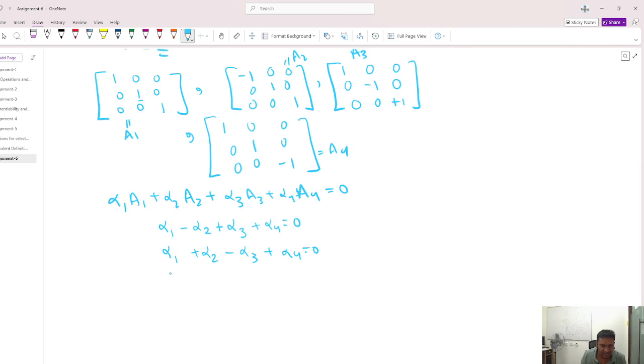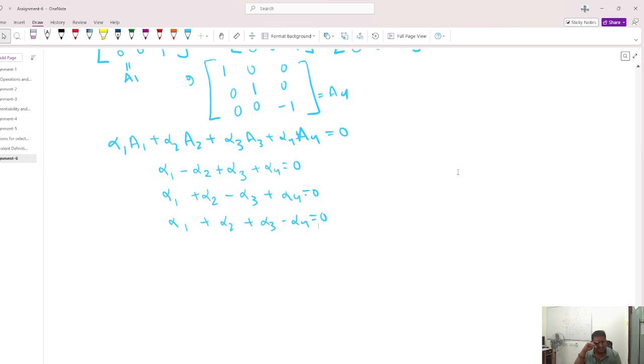And then one more equation you will get: alpha 1 plus alpha 2 plus alpha 3 minus alpha 4 equal to 0. Let's solve these equations. I'm substituting in the matrix and equating to a 0 matrix. You can get these equations. I'm not explaining how.